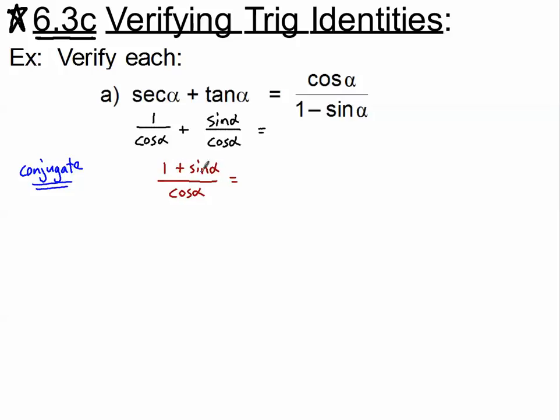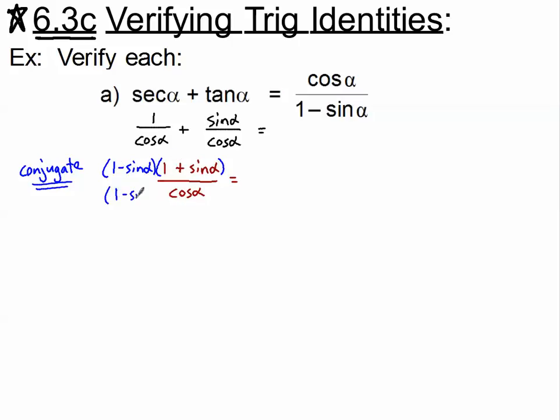I wish that there was some sort of Pythagorean that I could substitute, but I don't have that Pythagorean yet. What I'm going to do is multiply this 1 plus sine times 1 minus sine. That's what the conjugate is called. All you're doing is changing the minus to a plus or the plus to a minus.